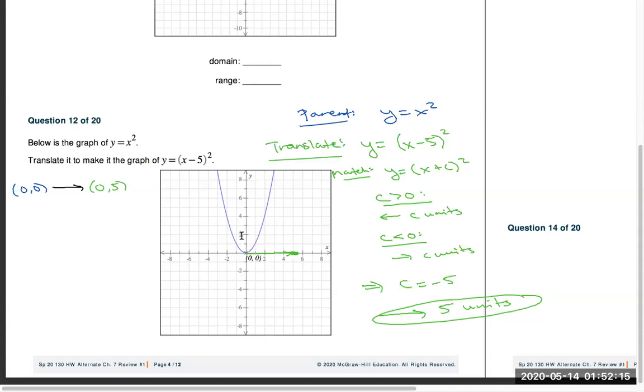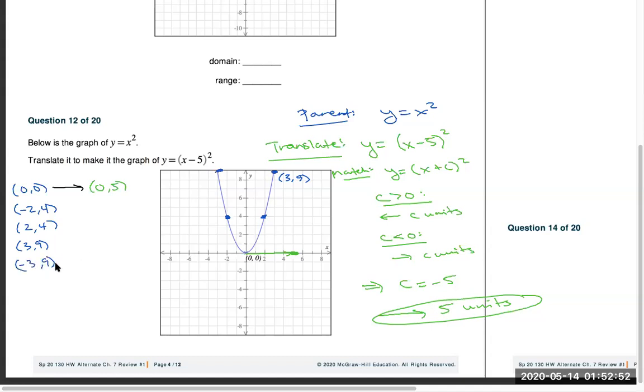We can see that -2, 4 is a point. We can see that +2, 4 is a point. We can see that it looks like 3, 9 is a point, and -3, 9 is also a point.